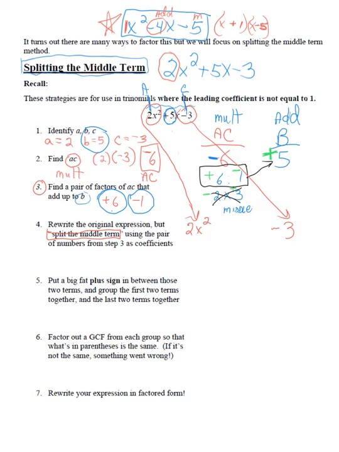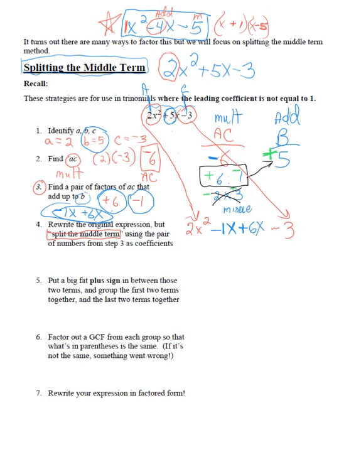Because remember, they form the 5, but they're really minus 1x and plus 6x. That's how I get the plus 5x. And I'm going to pick that up right there, and bring it over here so that I have minus 1x plus 6x.